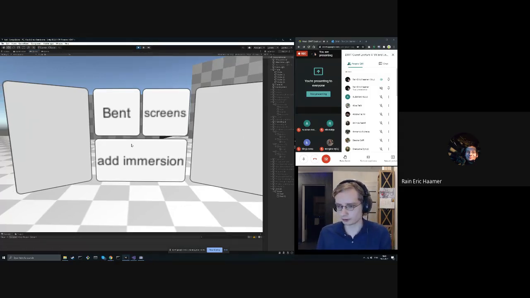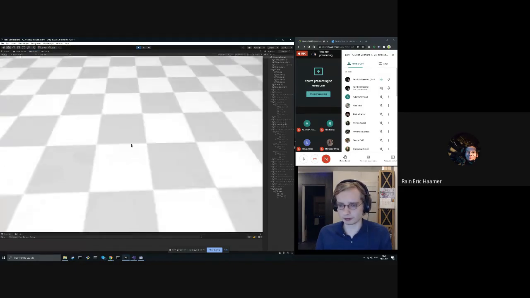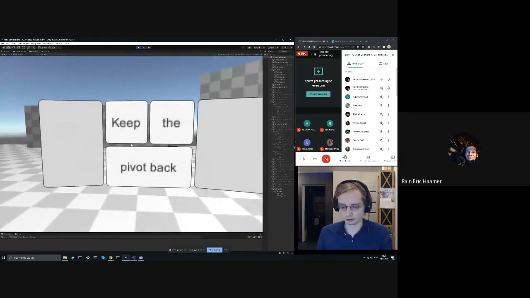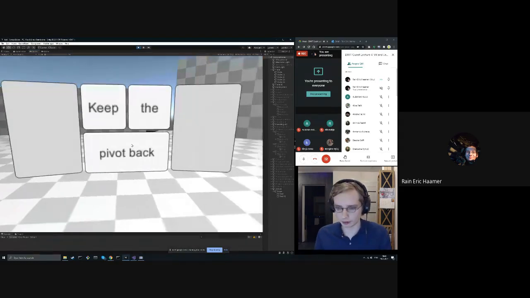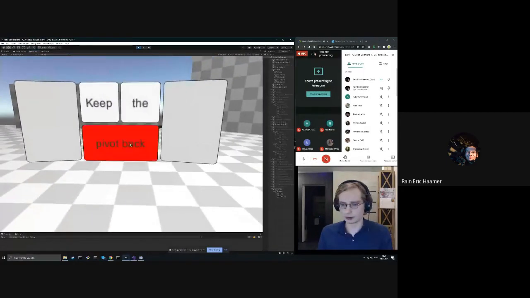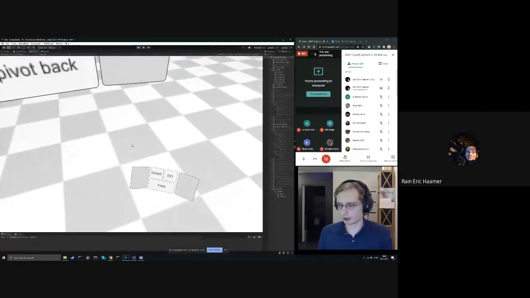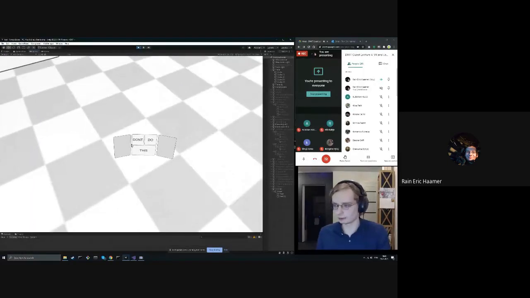Because of this, it is a good idea to actually keep the pivot point of the bending slightly behind the user. This keeps the user interfaces slightly dynamic and immersive, while at the same time not feeling too claustrophobic for a user. So these are still bent, if you can see here. Also, do not bend small user interfaces. This is never a good idea, just keep them flat.